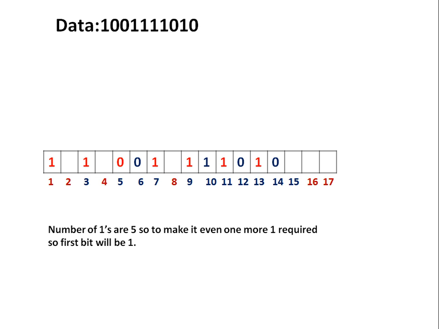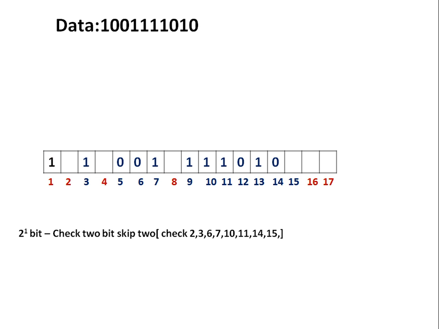Now we have the second. How will the second parity bit be calculated? The formula for the second bit is check 2 bits, skip 2, check 2, skip 2.